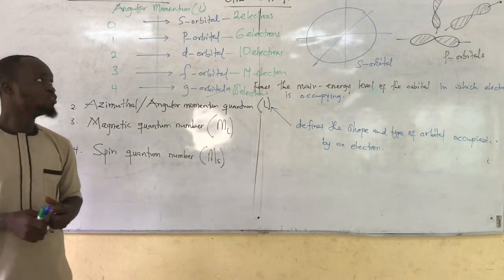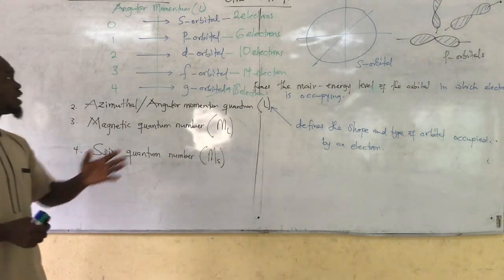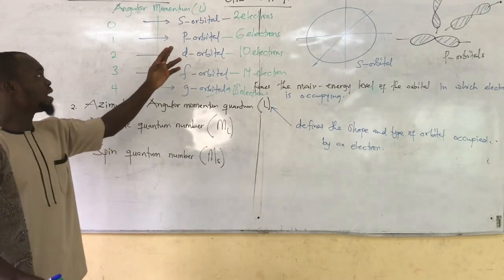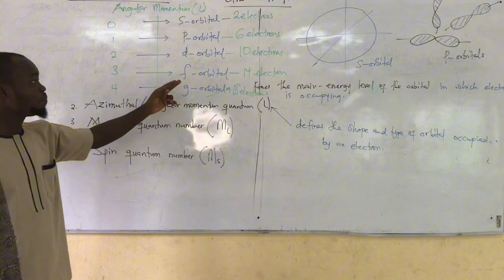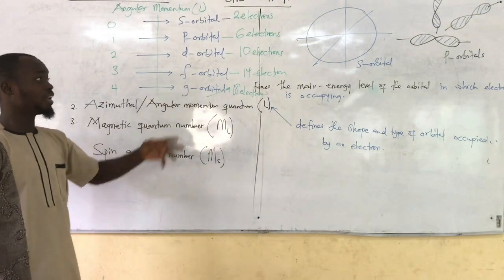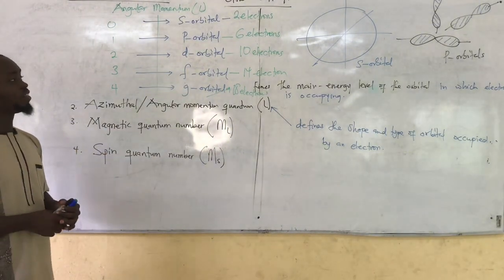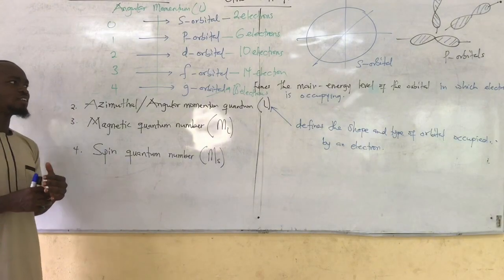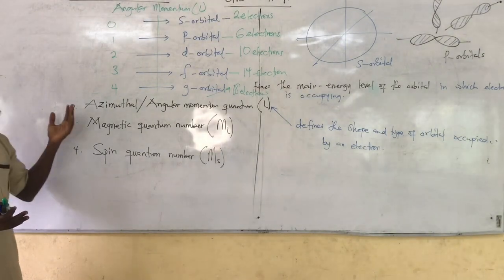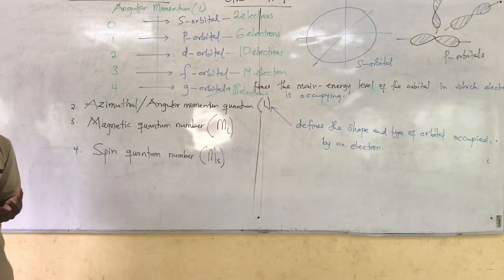Is that okay? So we can locate a maximum of 2 electrons in the s orbital, 6 in the p orbital, 10 in the d orbital, 14 in the f orbital, and 18 in the g orbital.